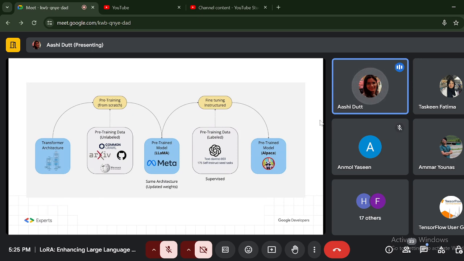So you get a model like Llama that is released by Meta. But after that, you pass in labeled data in a supervised way. When you pass in the labeled data, you are fine tuning it for certain desired tasks, right? So a pre-trained model, when given labeled data, becomes a fine-tuned model, say the Alpaca model, right?